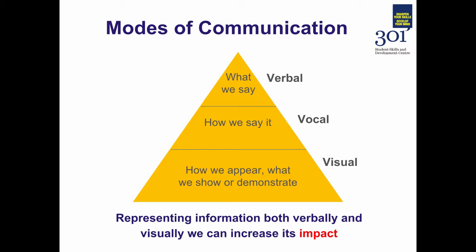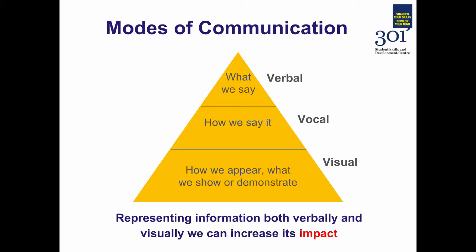That's at the top of this pyramid, the information pyramid, because it's the most important. This is the message that you want to get across. Then there's the vocal, so how we say it, how we express ourselves, the type of language we use. This is in the middle because it's an important way to get that message across to the audience.